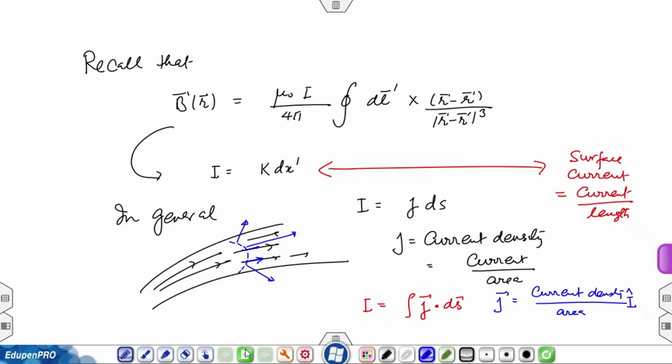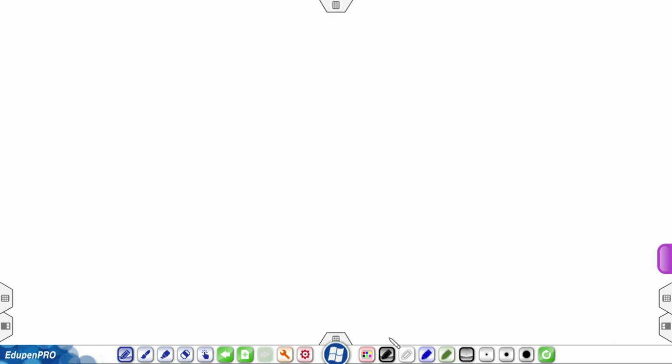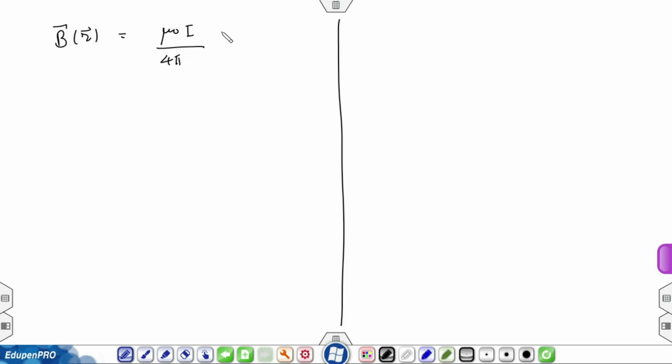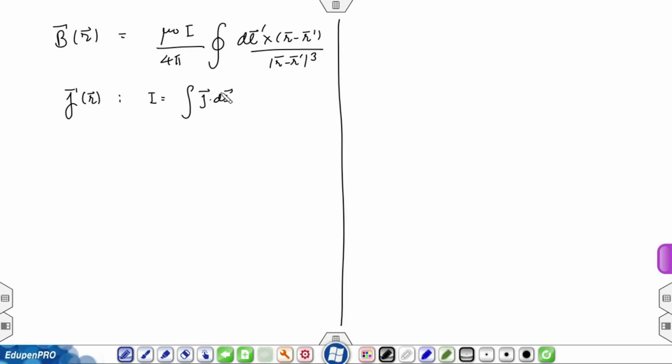So, what we now have is the B(r) formula, mu naught I over 4 pi integration dl prime cross (r minus r prime) over |r minus r prime| cubed. We have a current density J(r) such that the current through a cross sectional area is J dot ds.